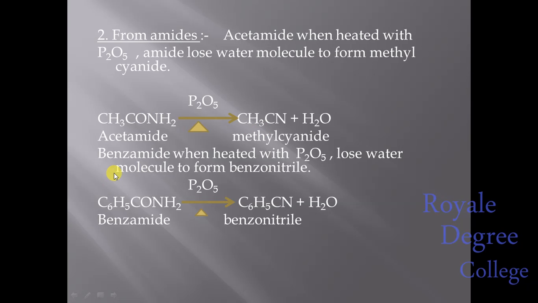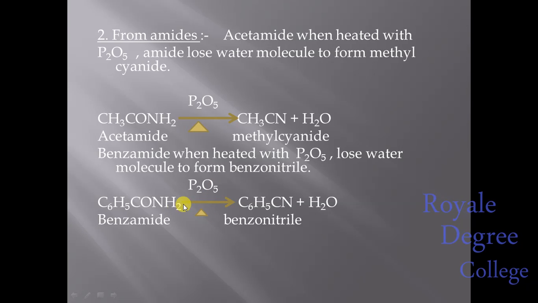Next is benzamide. When heated with phosphorus pentoxide, it loses water molecule to form benzonitrile. How? We will see the reaction here. C6H5CONH2. It is benzamide. In that we are adding phosphorus pentoxide and we are providing heat. Then here also phosphorus pentoxide is acting as a dehydrating agent.